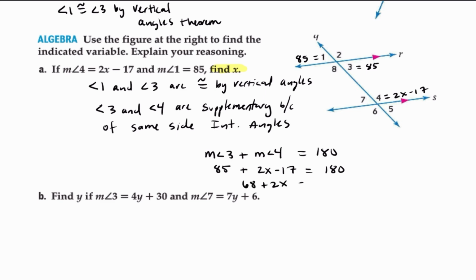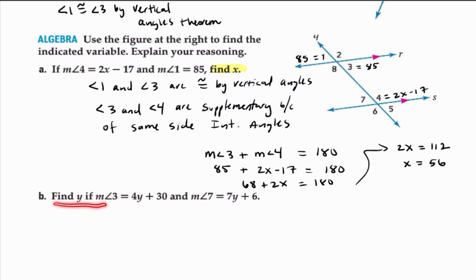Plus 2x, equal that to 180 degrees. So that means I'm going to get 2x equals 112 and x equals 56. So this is my answer, and I don't need to do anything else because my goal for this problem is to find x.